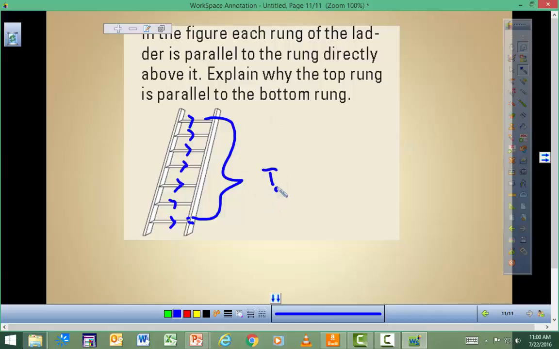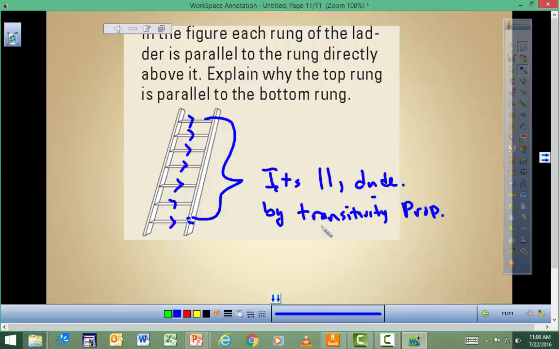Parallel by transitivity. This is the transitivity property for parallel lines, that's all.